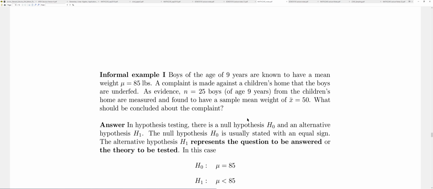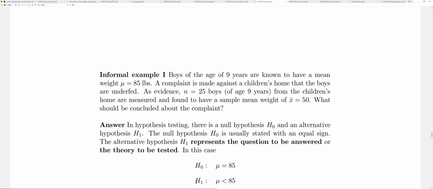You're looking at boys of age 9 years in this children's home, and you want to test the hypothesis that the mean weight of those boys is less than 85. If there's evidence to support this hypothesis, then you can conclude that the boys are being underfed.